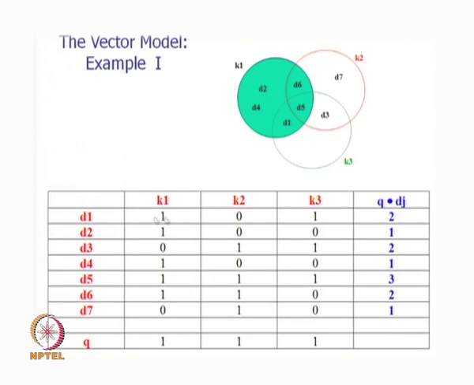So, D1 has 101, that means D1 is in the intersection of K1 and K3. So, it contains K1 as 1 here, K3 as 1 here, it does not contain K2, and therefore, the K2 position is 0. Similarly, all these documents are represented in terms of their keywords.